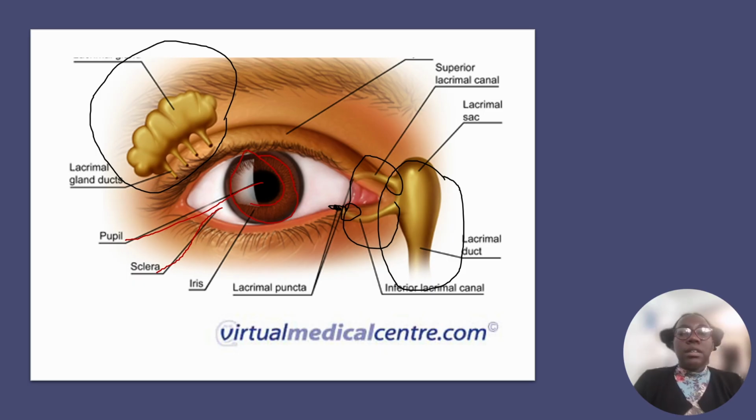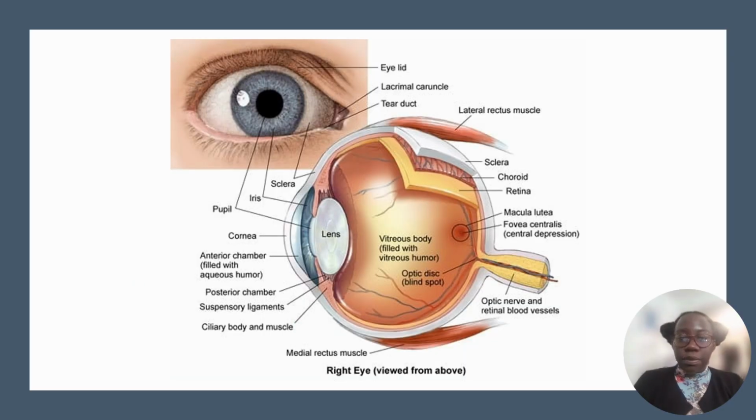Now, let's take a look at the internal structure. The internal structure is more complicated, and you cannot see it with bare eyes. Here we have the choroid, we have the retina, we have here the central depression of the eyes. Behind our eyes, we have the optic nerves.